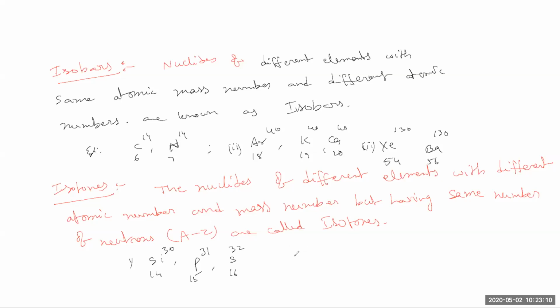Next, second example: carbon 6 14, oxygen 8 16. Third, sodium 11 23, magnesium 12 24.